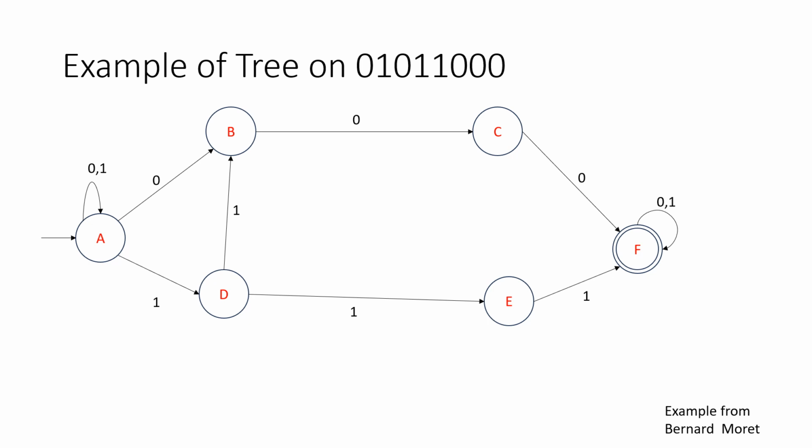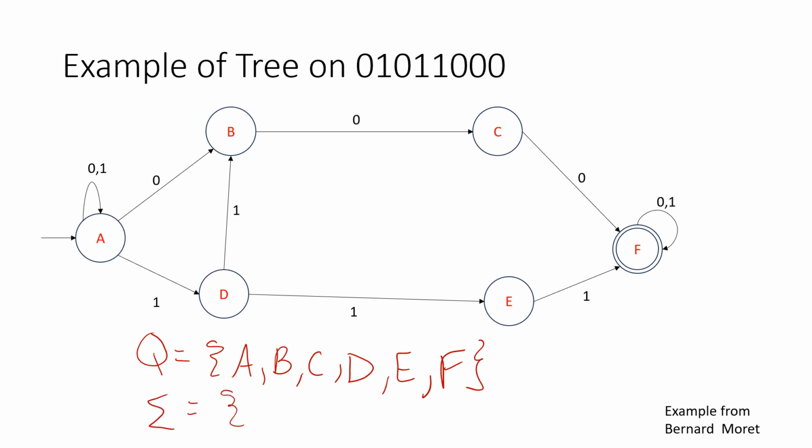To allow us to understand what this tree looks like a little bit more, I have here an example. In this case, I have states that I've named A through F, and my alphabet is 0, 1.